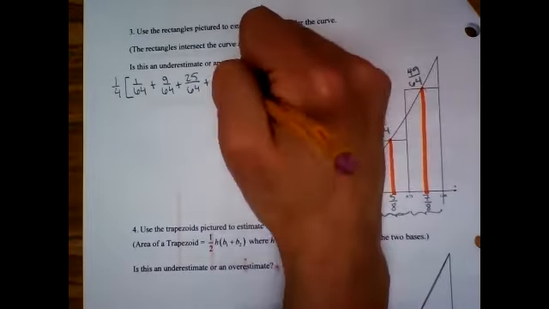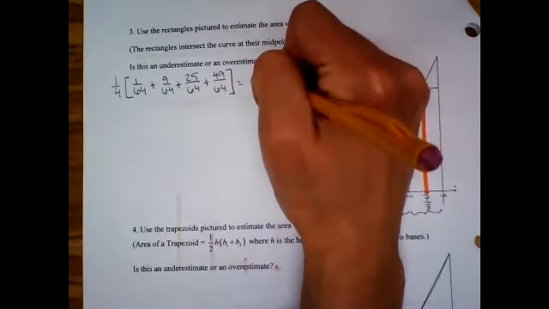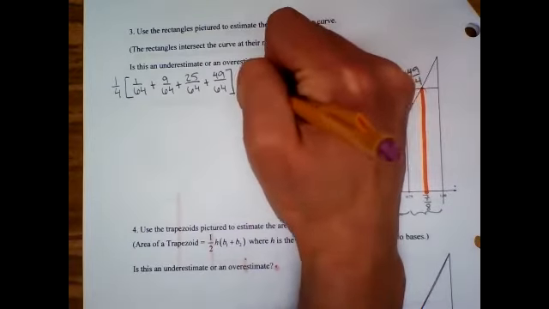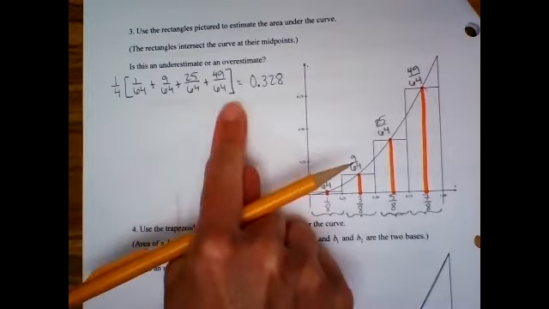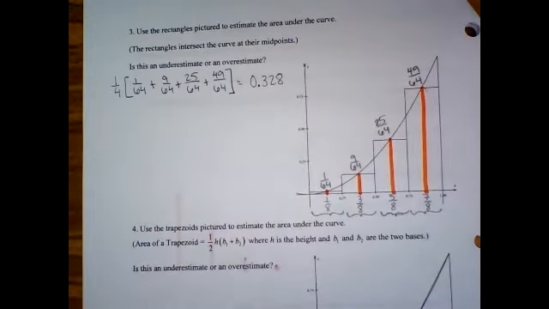And if you type that in a calculator, you will get 0.328. And again, I'm just giving you that for frame of reference, because I know this doesn't really mean a hill of beans to you. At least you have a number to think about.